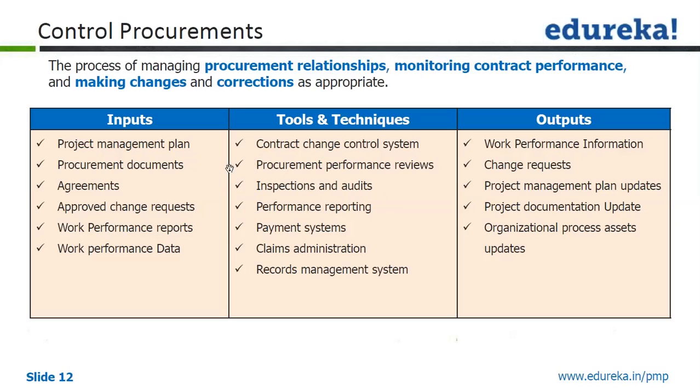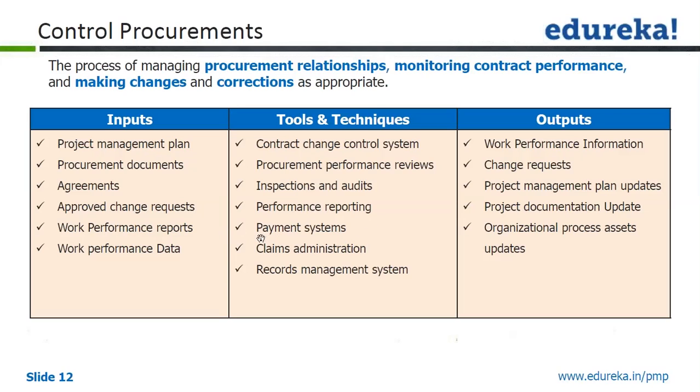This will lead to approved change requests, or to change requests in the form of corrective actions, preventive actions, and essentially any defects that are identified. Performance reporting: these will be the tools, work performance reports, so we'll analyze that.